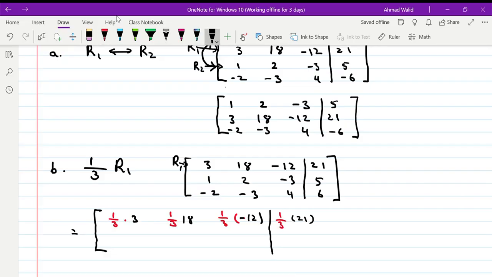In simple language, you're using the distributive property. Basically, what does it mean? If I have an equation like 3x plus 18y minus 12z equals 21, and I want to multiply this equation by 1/3, you distribute 1/3 to all of them, right?